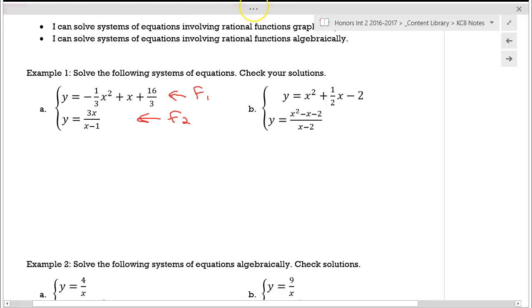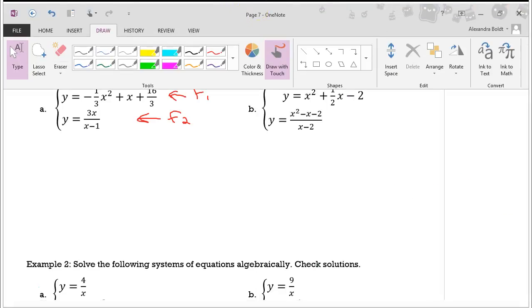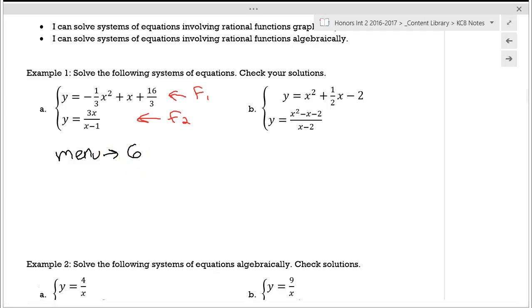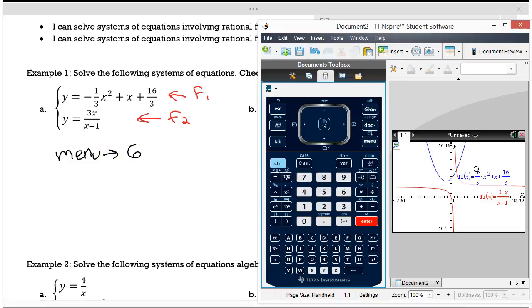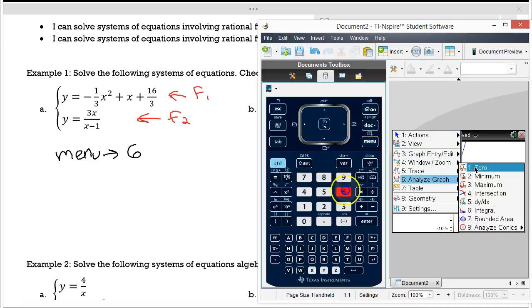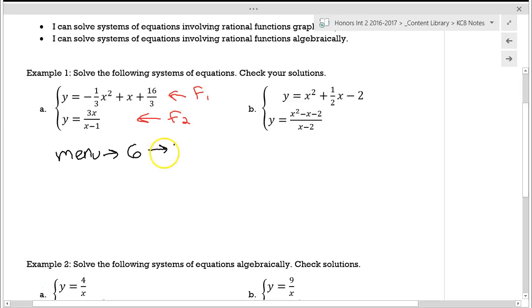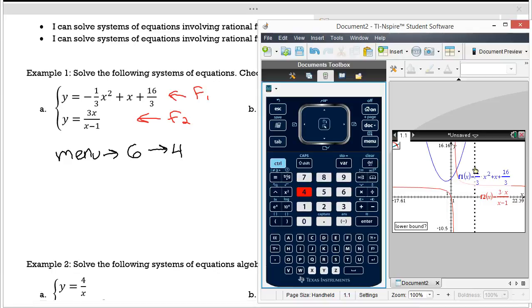In order to figure out where they cross, we're going to go to menu, 6, which is our usual analyze graph, and then number 4, the intersection. Intersection just means where the two graphs are going to meet. Again, it's just like finding your minimums and maximums.